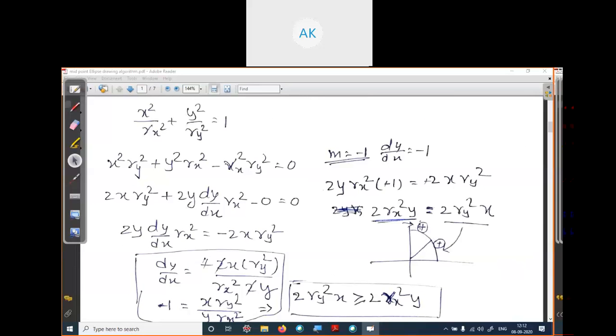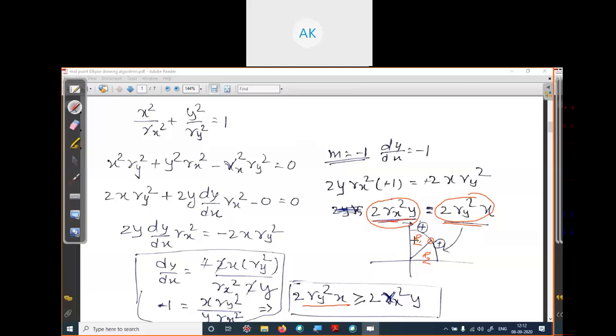At this point these are equal, but before this point, in region 1, this value is greater, and after this point this value becomes greater. So we have the condition: when this value becomes greater, you have entered region 2.